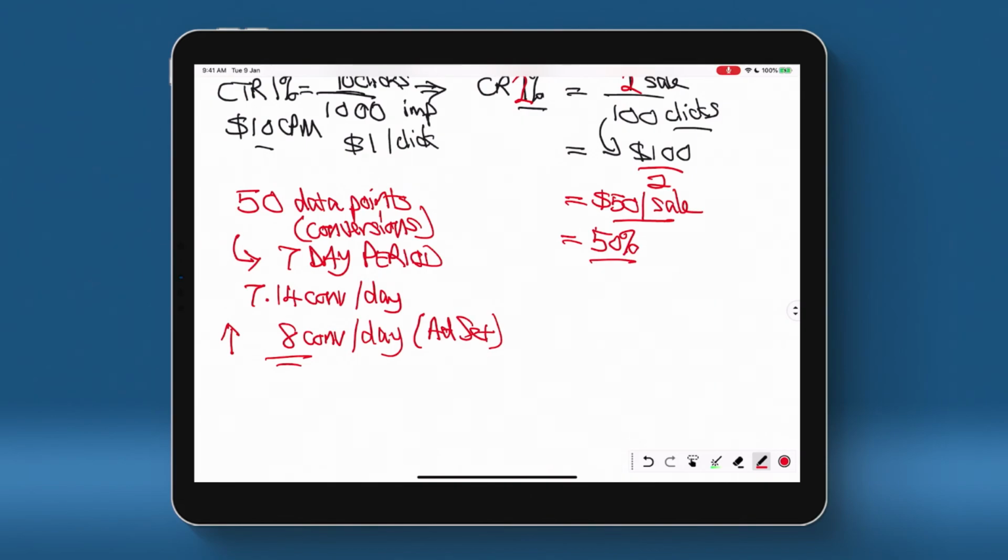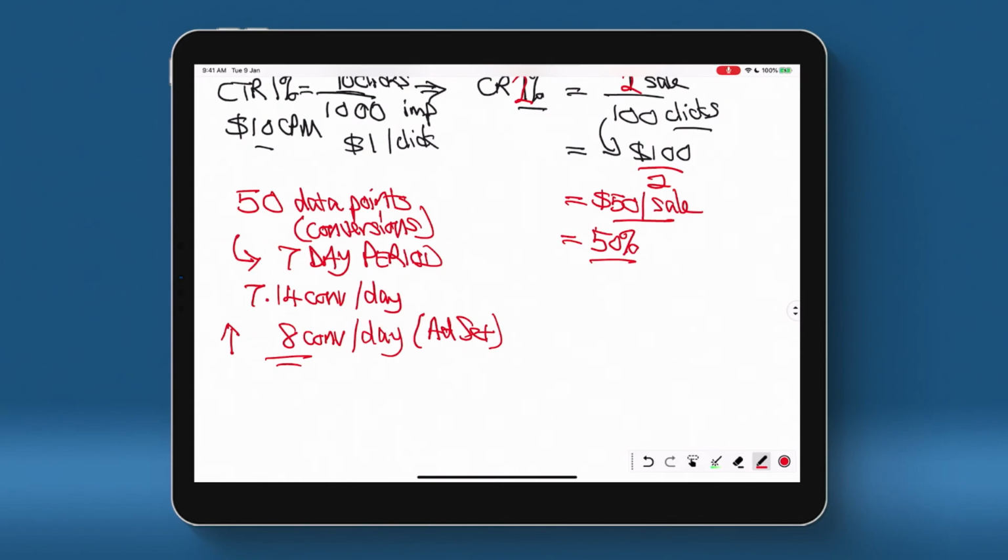Because if your conversion rate is 1%, which is not good, to achieve 8 conversions you need 800 visitors to visit your website every single day to get 8 conversions at a conversion rate of 1%.